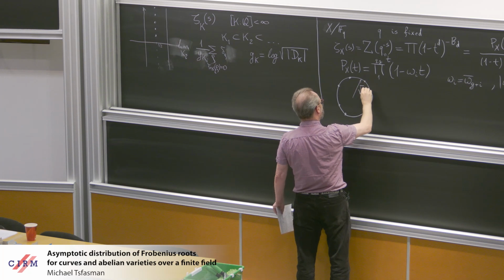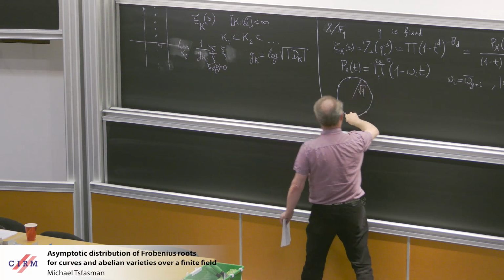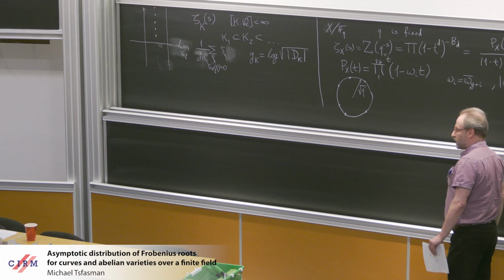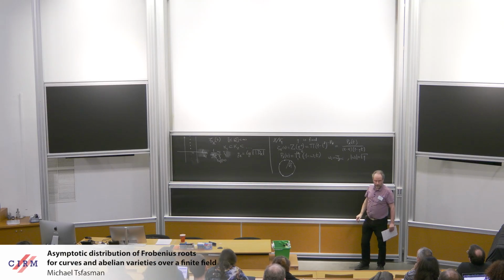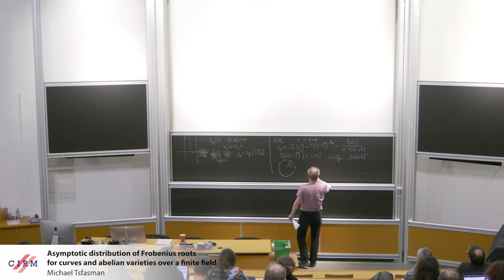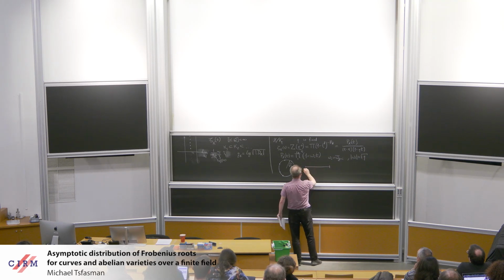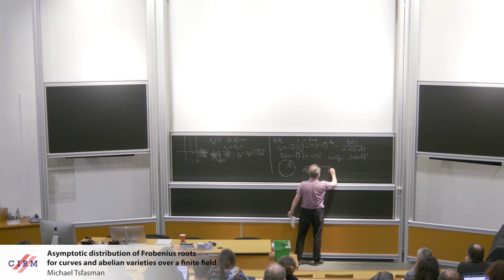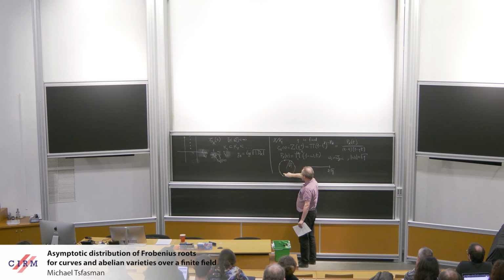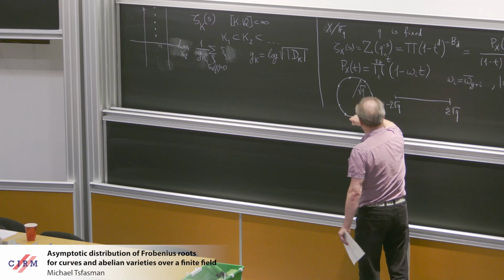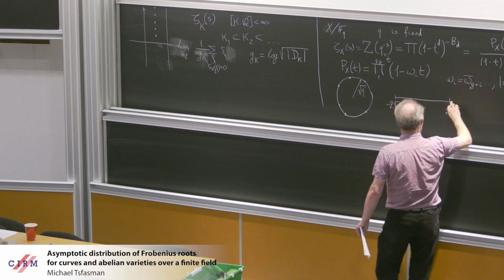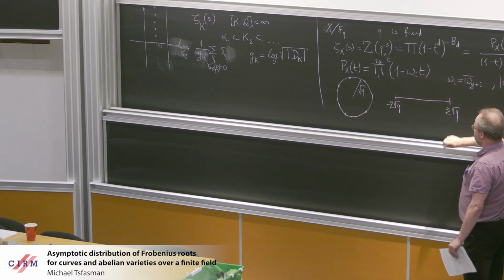and to work either on this line, or, which in my case is more comfortable, I'll work on the segment from minus 2 square root of q to 2 square roots of q. So I take a pair of conjugates, I sum them up, and then they fall onto this segment.